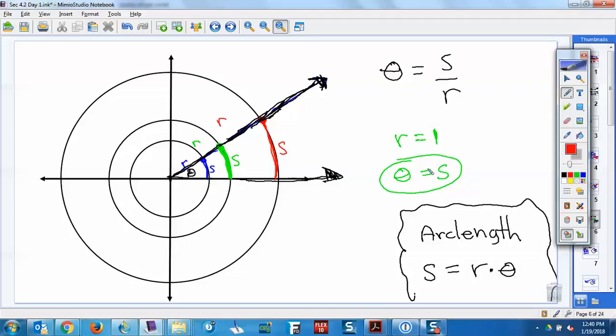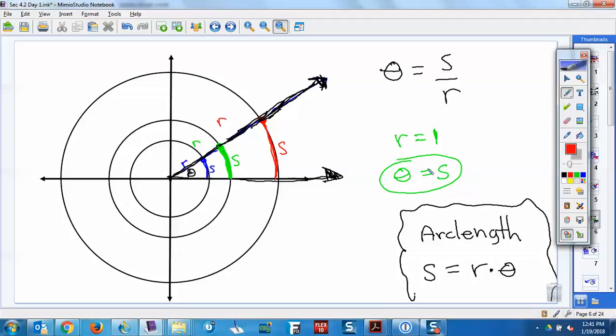Only in the green one, only when R is 1, is the arc length the same number as the angle. Again, we're in radians. If this was pi over 6, 3.14 divided by 6 is about 0.5. If this angle was 0.5 radians, it would be 0.5 radians in the blue circle, in the green circle, and in the red circle. That angle is the same in all of those. It's 0.5 radians.